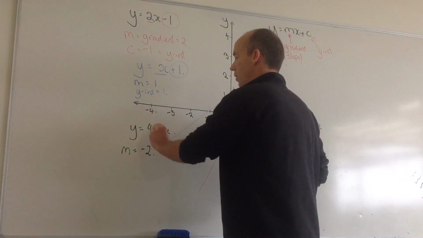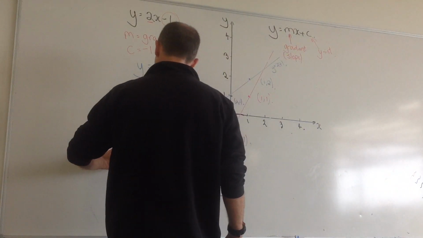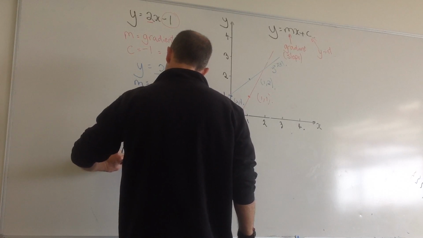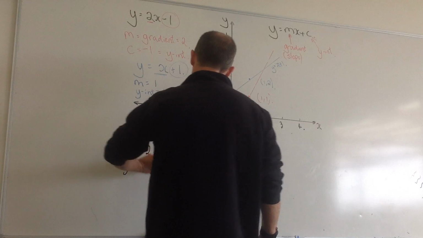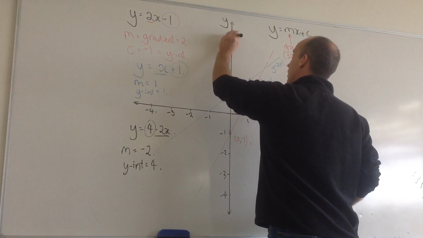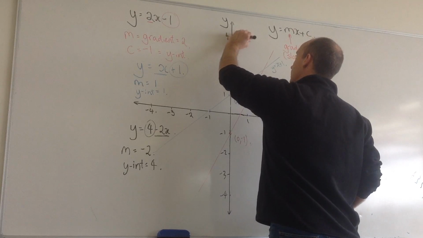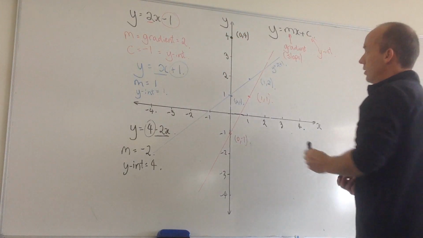And then I say, what's the number being added to that, which is going to be my y-intercept. So the y-intercept in this case is going to be 4. So for this case, I've got my y-intercept at 0, 4, and my slope is minus 2.